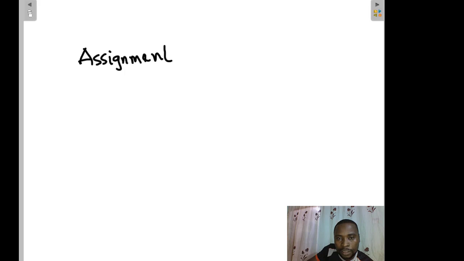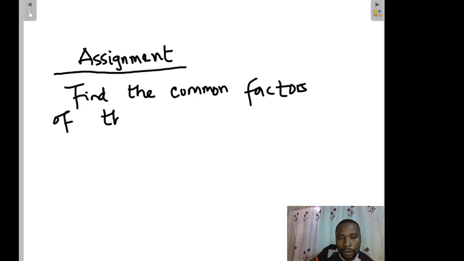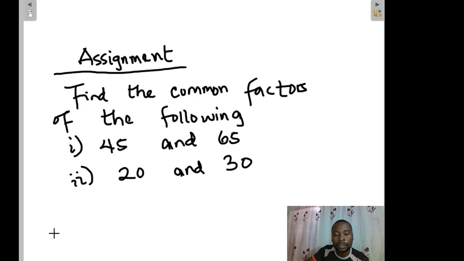It says find the common factors of the following. 1, 45 and 65. 2, we have 20 and 30.